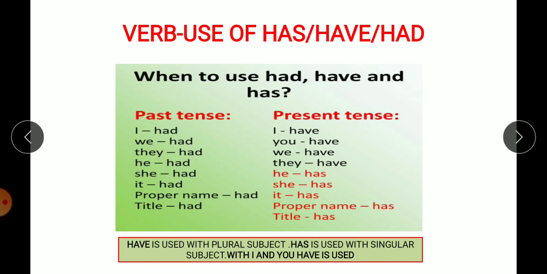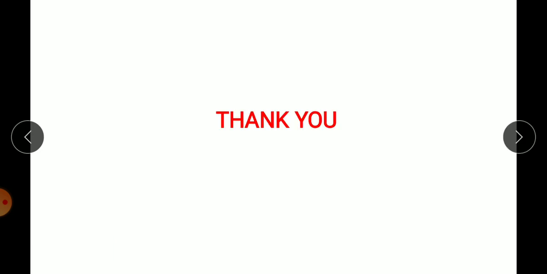So this is what you have learned in class 4, and mixed questions based on these concepts we will be doing in the first chapter of your grammar book. That's Let's Revise. So you have to now, based on this, do the questions given in the book. Thank you.